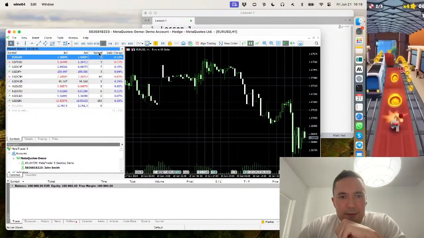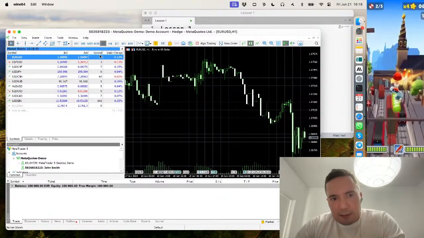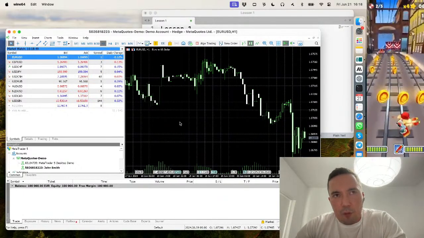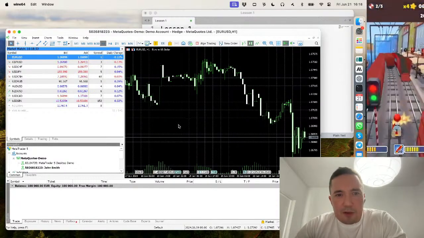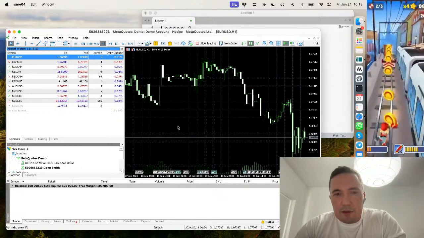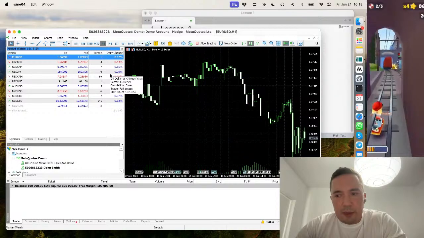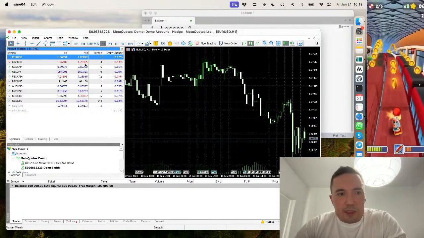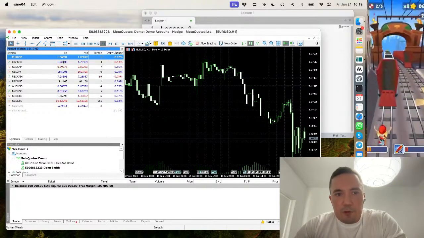Why do we need to know the spread? It has many meanings. In next lessons, we will probably take a look at some other meanings. But overall, it's the measure of how much money you would lose from trading this instrument by default. For example, if I buy and immediately sell, I will lose.